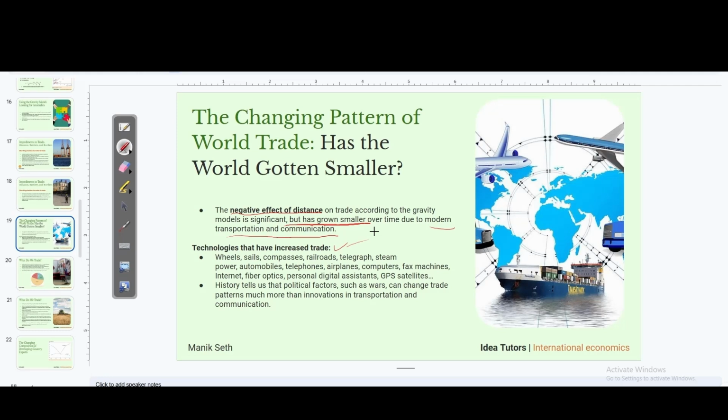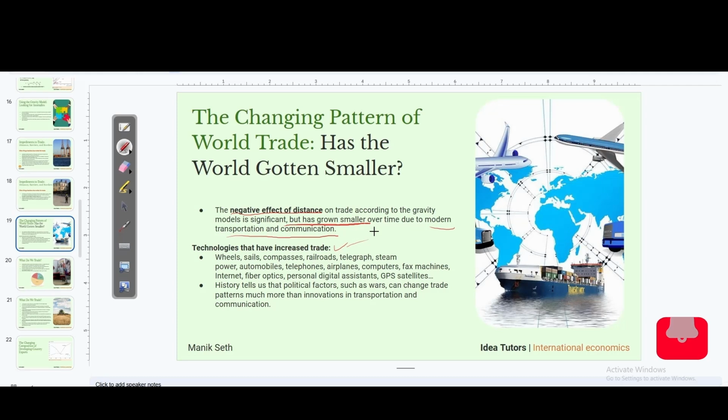For example, wheels, compasses, railroads, telegraphs, and then trains, automobiles, satellites, fiber optics and the internet. All these things have increased trade.